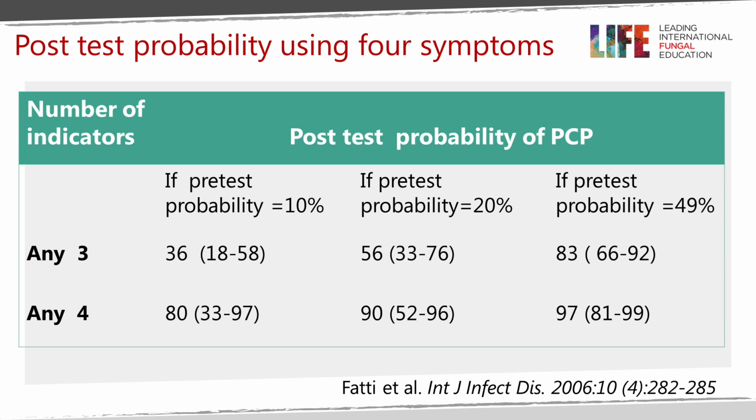When you went to any of the four symptoms, that increased to 80% in a population where the pretest probability was 10%, and all the way to 97% in populations where your pretest probability was about 49%. So when you have a young child who's coughing, with difficulty in breathing, in the context of immunosuppression, you need to be looking for those four symptoms, and those are the children who are very, very likely to have pneumocystis pneumonia.